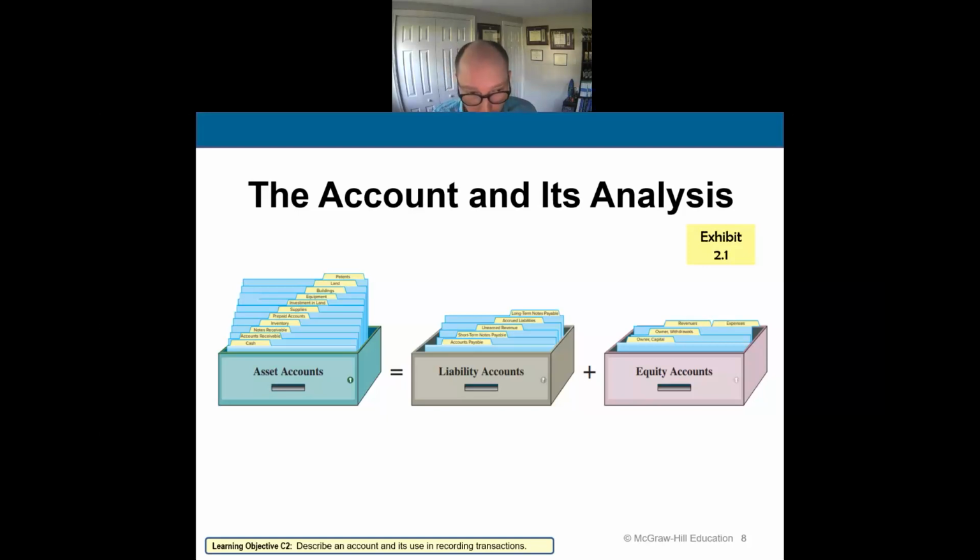The word accrual means we record the revenue or the expense at the time it's earned, at the time it happened, regardless of whether we received cash or not at that time. The word accrual means I'm building it up over time, accruing it.